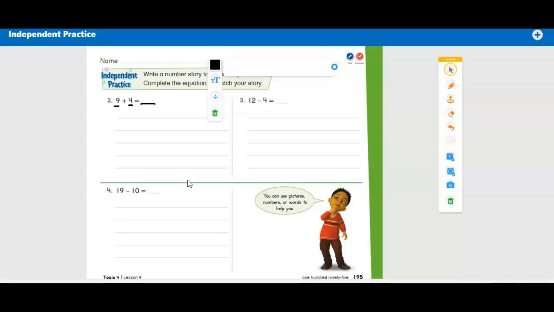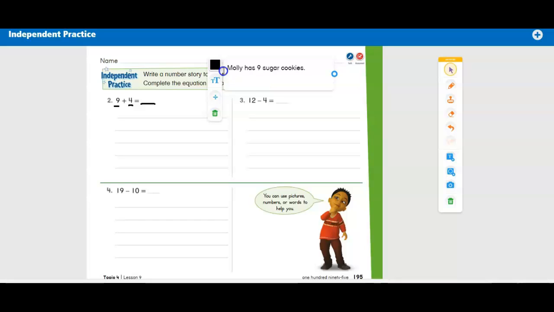In our solve and share, we had animals. How about we do food. Let's do food. How about we do cookies? Cookies. So I could say Molly has 9 sugar cookies.